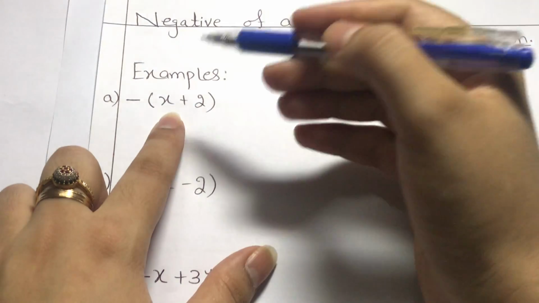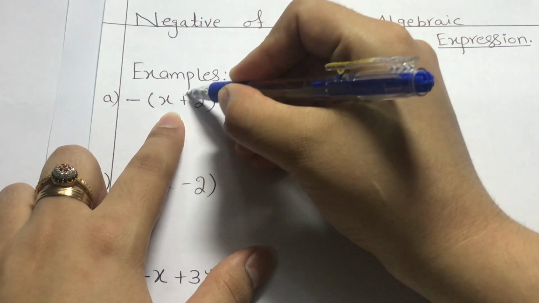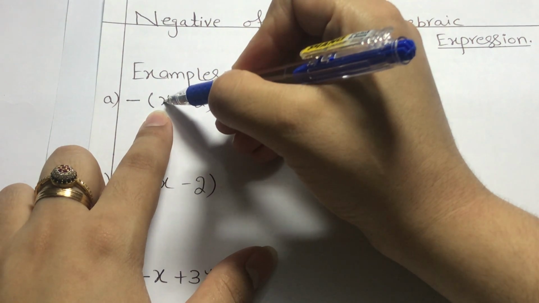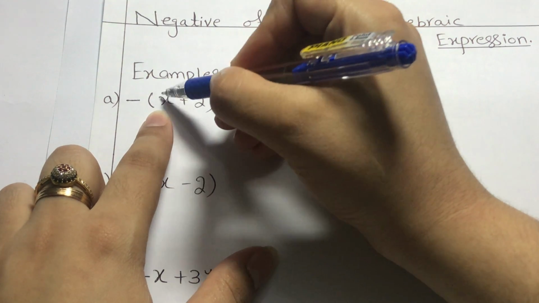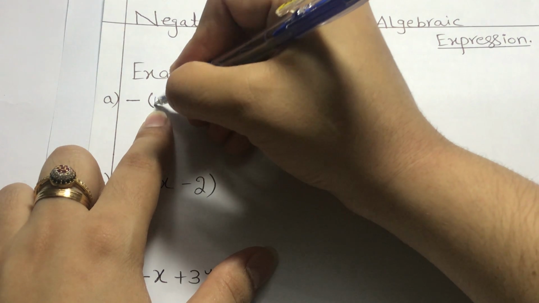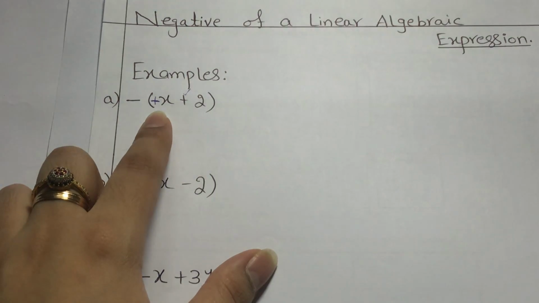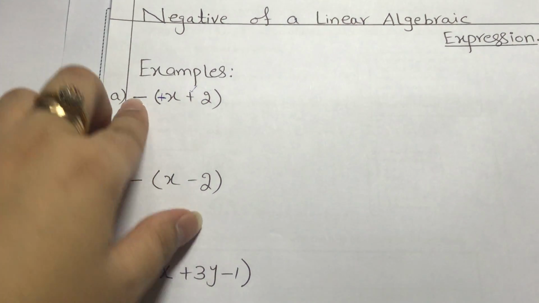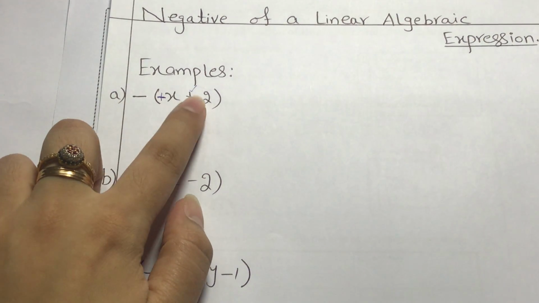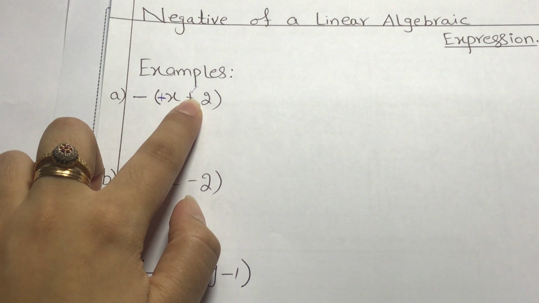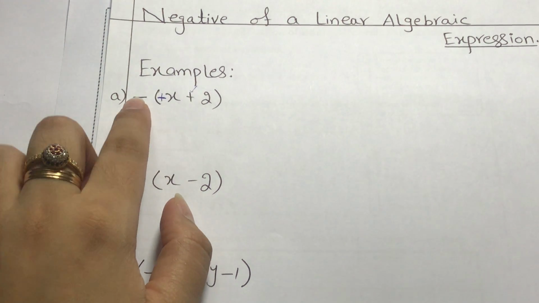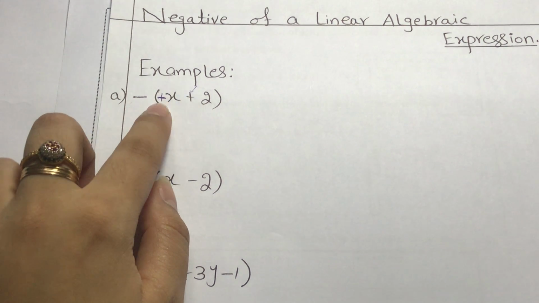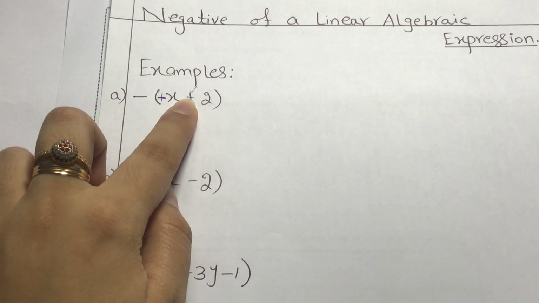You can see here 2 is positive, right? There is no symbol or no sign with this variable x, that means it's positive, right? Now when you will expand this bracket, this negative sign will change both of these signs inside the bracket, or you can say we will multiply this negative sign with both of these terms' signs, right?